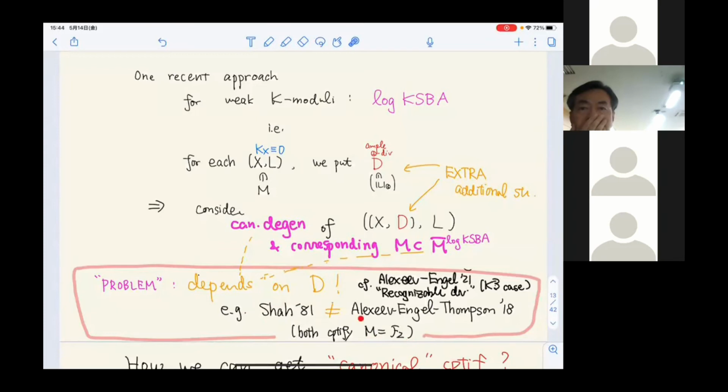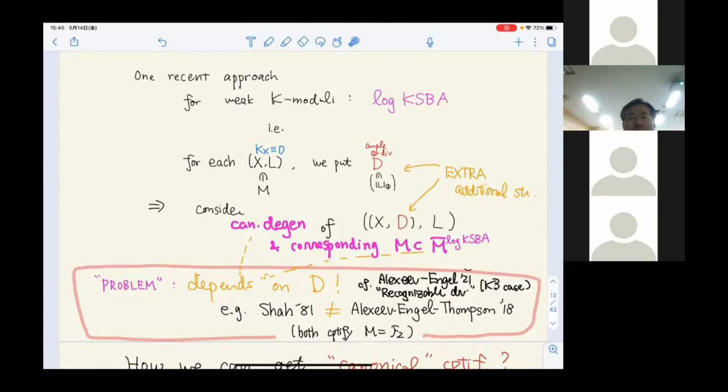Okay, let me omit it. But anyway, they are different. There are several choices. And recently, Alexeev and Engel put out an interesting paper, and they defined a class of D, which they call recognizable divisors.